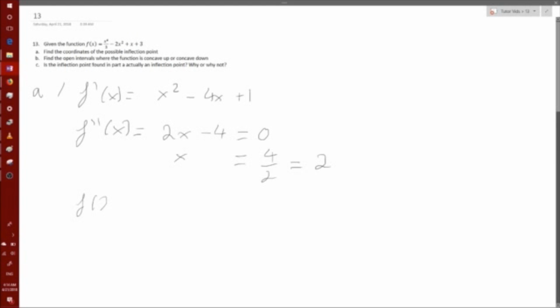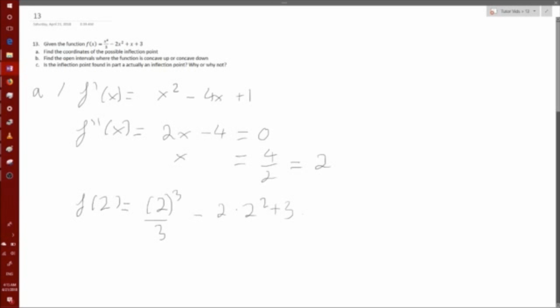So f of 2 is 2 cubed over 3 minus 2 times 2 squared plus 5.